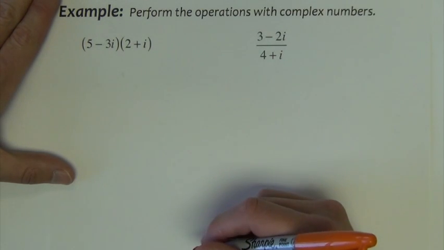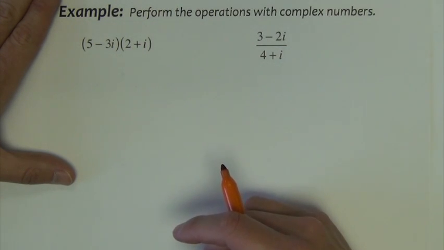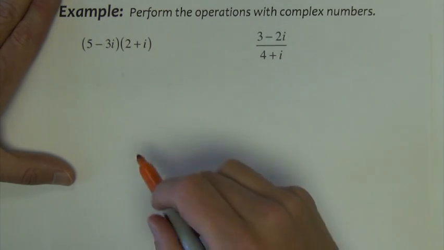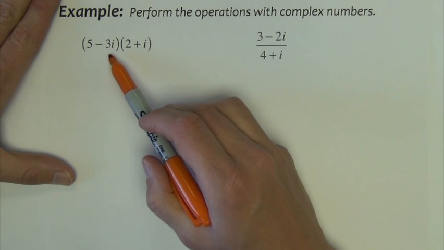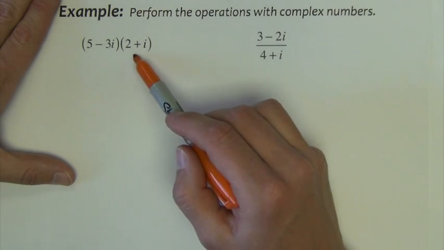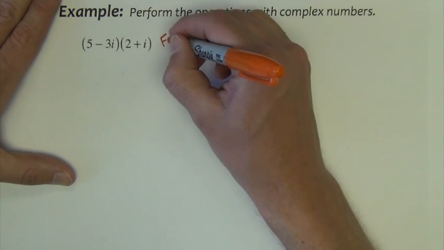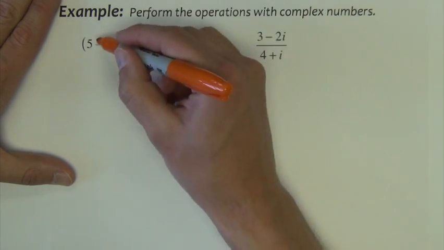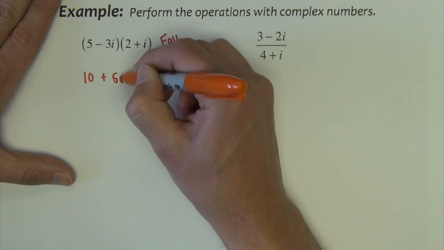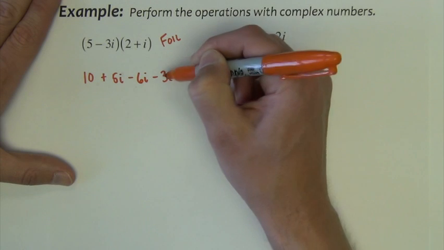Alright, the next slide offers a couple of problems that we've seen as far back as Algebra 2 and college algebra or pre-calculus type courses. How do we perform operations with complex numbers when they're in standard form? So here we see a product of two complex numbers. This is simply a FOIL type problem. If we FOIL this, we get 10 plus 5i minus 6i minus 3i squared.